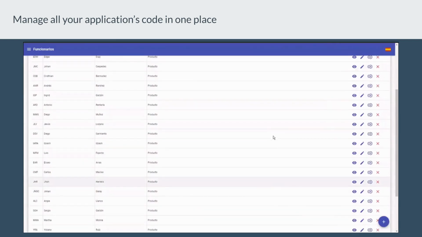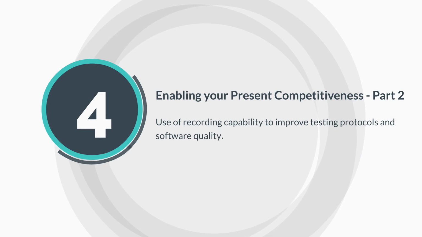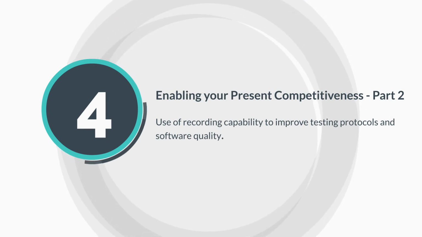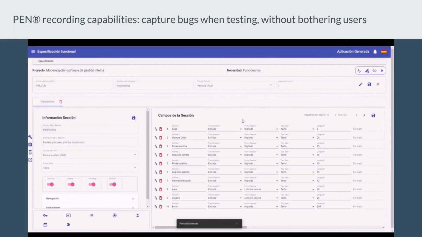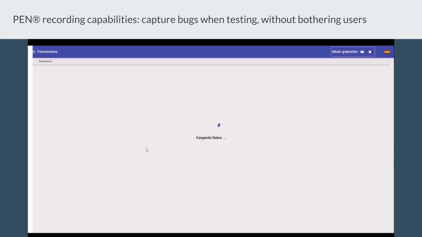Let's now have a look at how the code automatically generated by PIN can also support a robust testing protocol. The maintenance of the application is critical, as is to be able to capture the errors that are generated during the client's actual operations of the software.